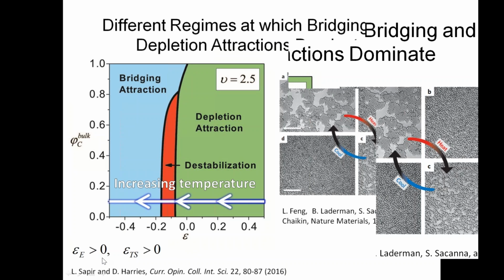In this specific example we show a case whereby the energetic component of epsilon and the entropic component of epsilon are both positive. This means that the cosolute interacts with the colloid through a mechanism which is energetically repulsive and entropically attractive.